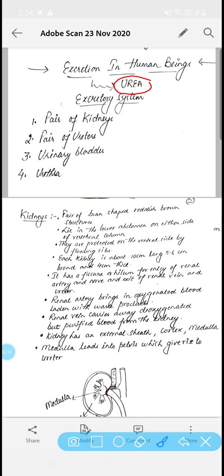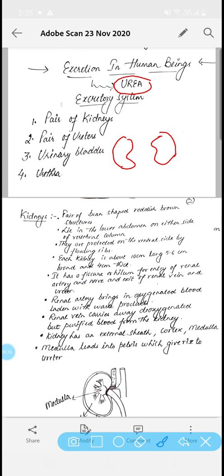The main excretory product in human beings is urea. Clear? In human beings also there is a well developed excretory system which helps in the excretion, which contains a pair of kidneys.